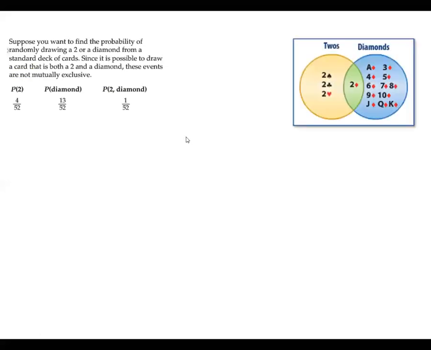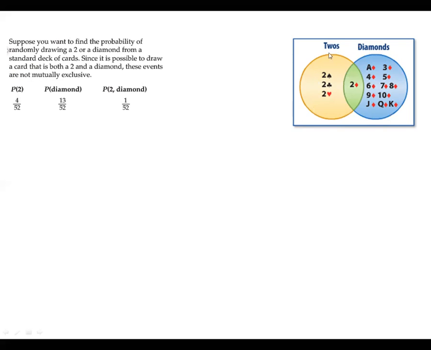So what do we do? Well, think about it like this. There are 4 2s in the deck of cards, so you counted all 4 of the 2s here. There are 13 cards in a stack of cards that are diamonds, so you counted all 13 of them there. But there's one card that is a 2 and a diamond, so you actually counted it twice.